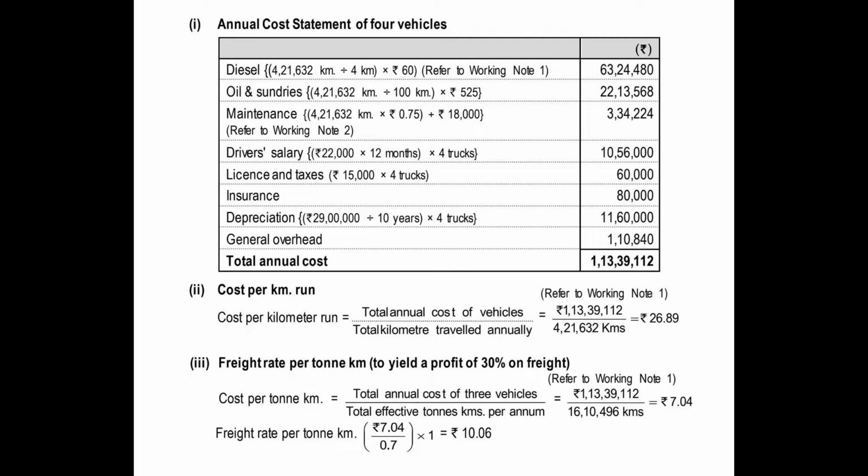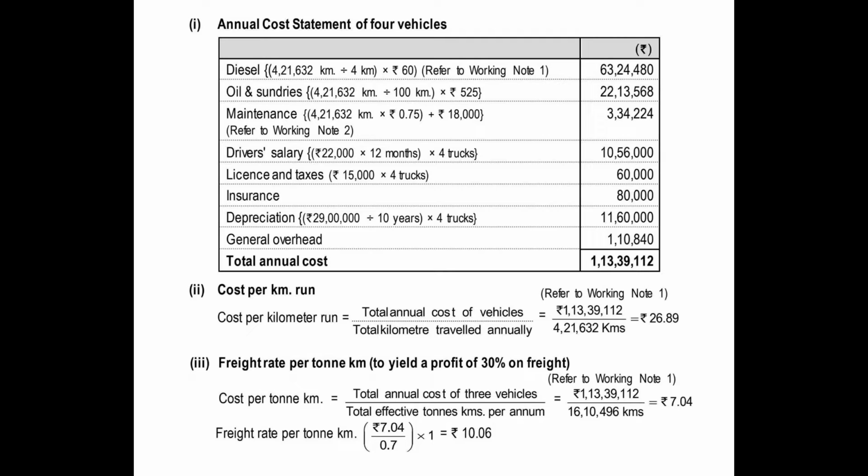The first one given in the problem is diesel. It should be considered as a variable cost to the transport company, so it is taken first. So diesel, what is the information given in the problem? 60 rupees per liter. Each liter gives 4 km.